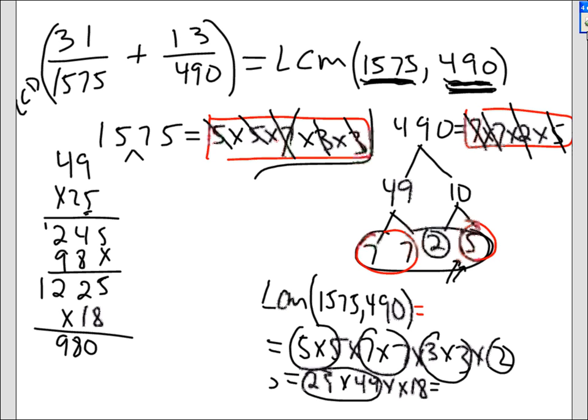You know that. And then 1 times 1225, that's 1225. And when you add these numbers, you get 22,050. And that's the answer.